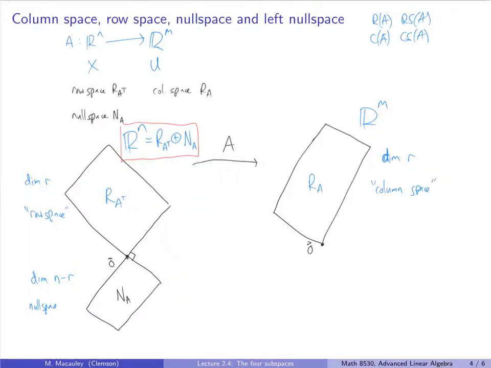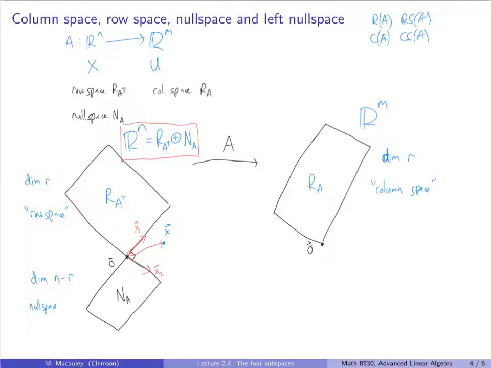Basically it means perpendicular, and so one way to think about this is that every vector x in here can be written as something in the row space plus something in the null space, uniquely. So it can be decomposed as x equals x1 plus x2, where these things are perpendicular.